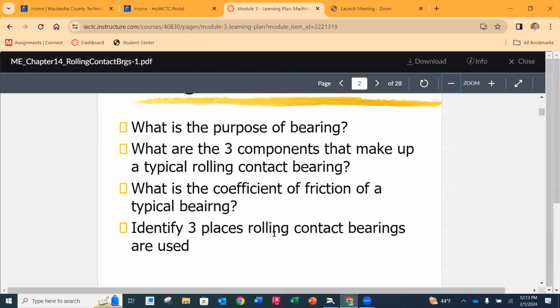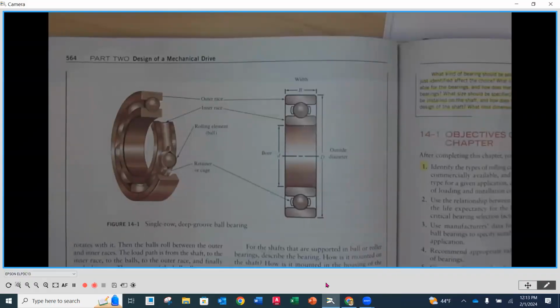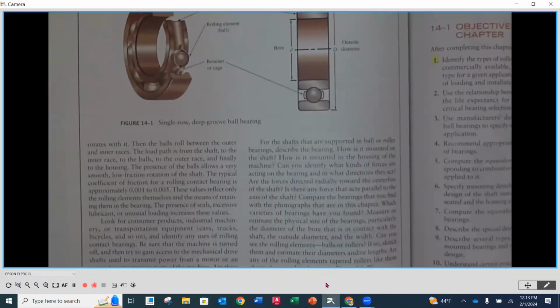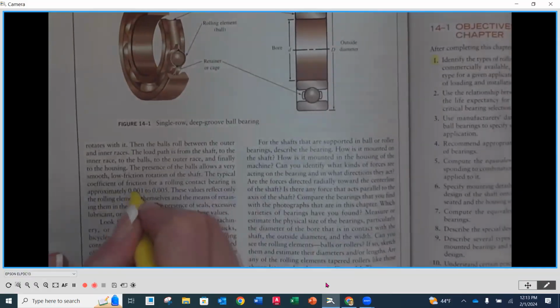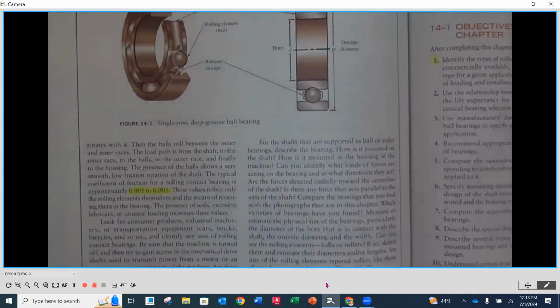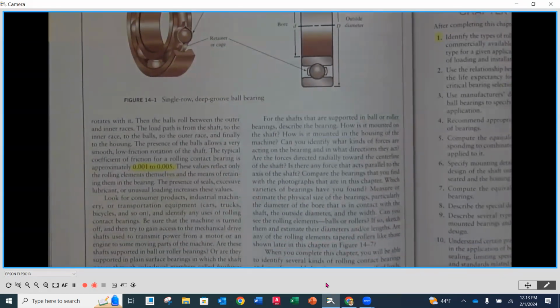What's my next question? I gotta go back. What is a typical coefficient of friction that we would expect out of these types of bearings, rolling contact bearings? Coefficient of friction. Yes, so on that same page, I think it's right about here, right? The coefficient of friction is very low, all right? It's going to be anywhere from 0 all the way up to just 1.